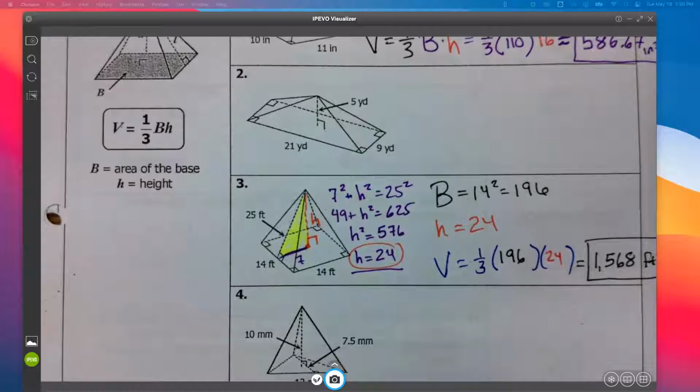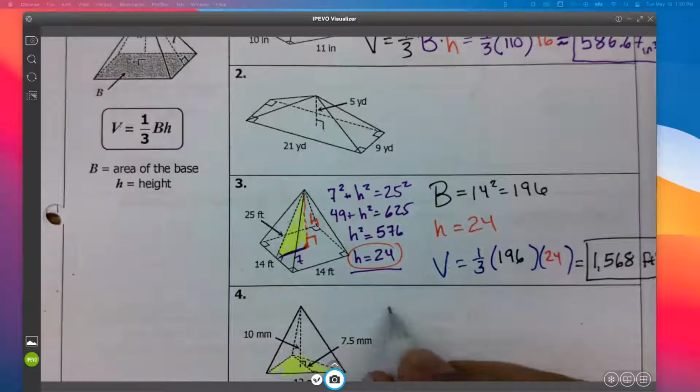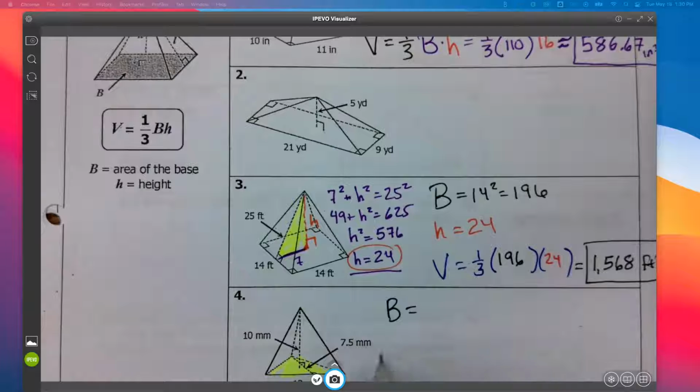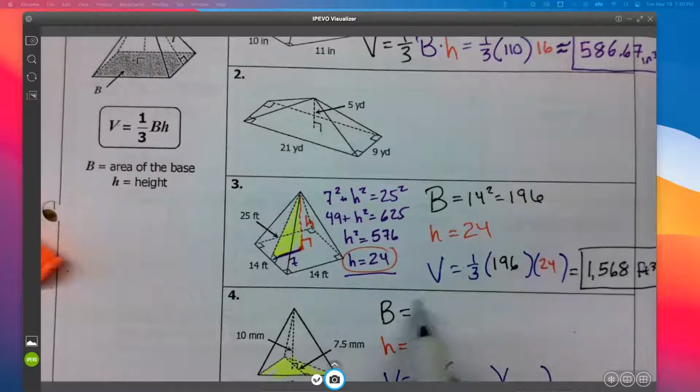How does number 4 change things? Triangular base. Does it change the setup? Do we still say B equals, H equals, V equals? We do. So what's the only thing that changes? Yeah, what this is.